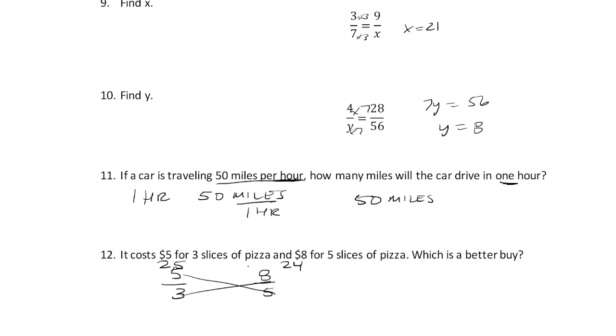Which is greater, 25 or 24? Clearly 25 is greater. So what this means is the $5 for 3 slices costs more than the $8 for 5 slices. So the better buy has to be $8 for 5 slices.